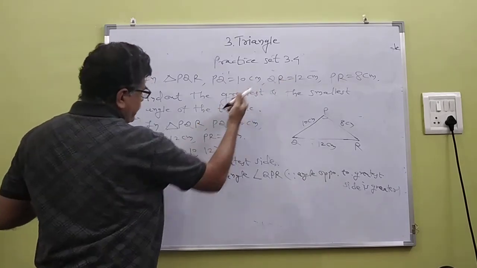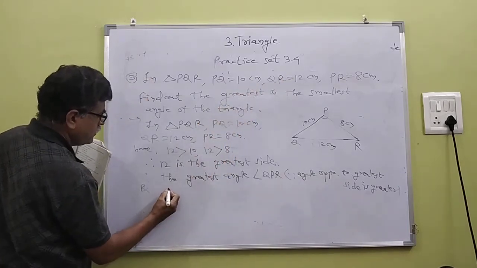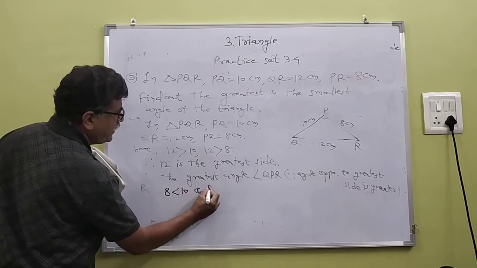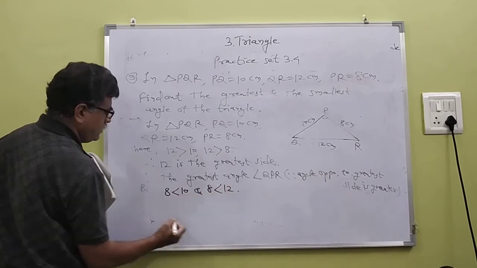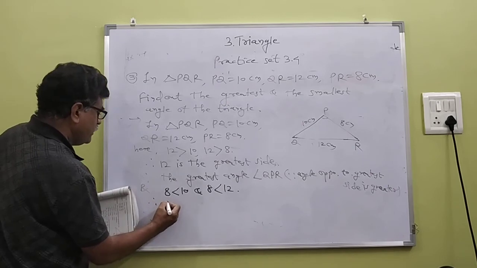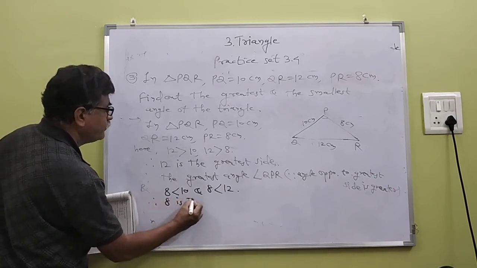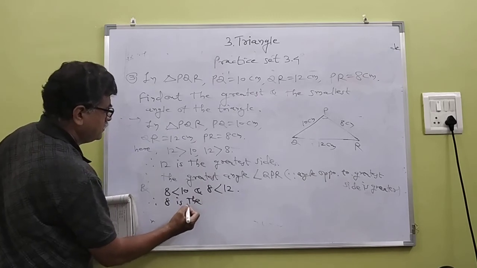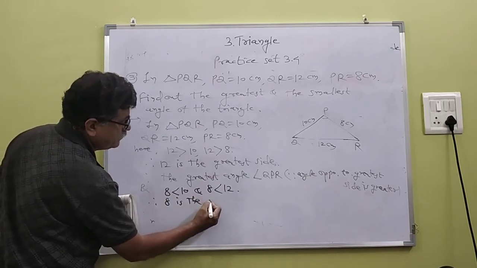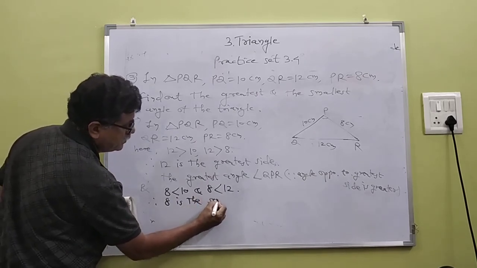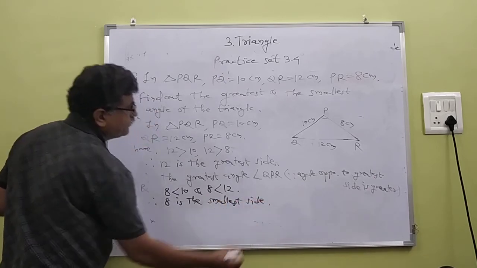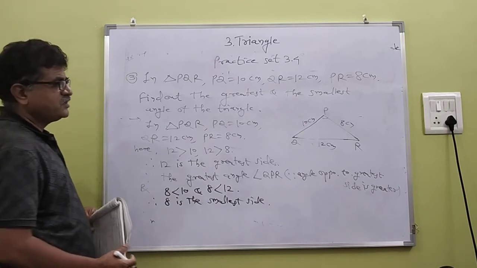8 is less than 10 and 8 is less than 12. Therefore 8 is the smallest side. 8 is the smallest side.